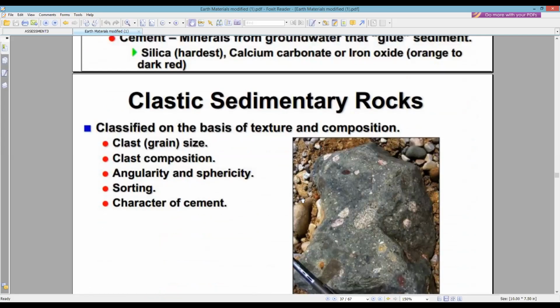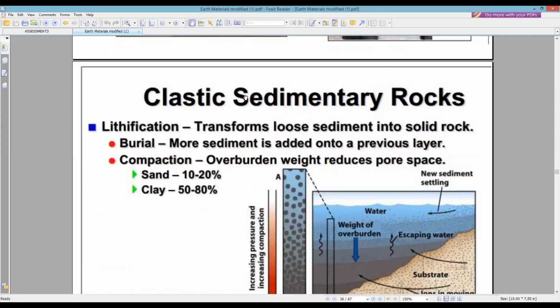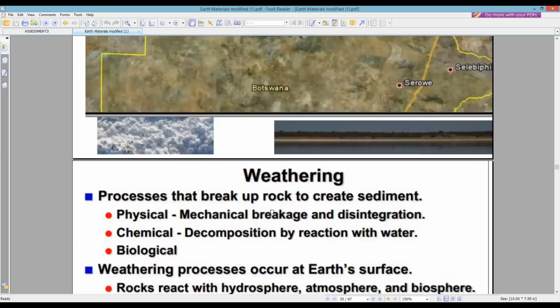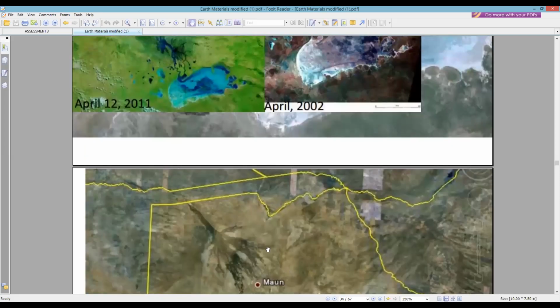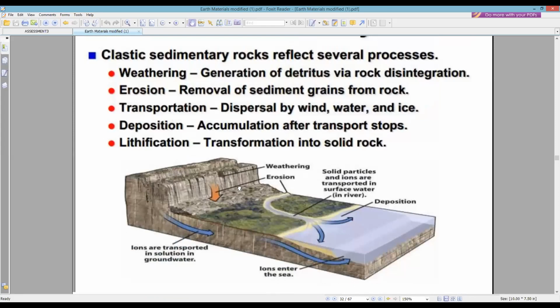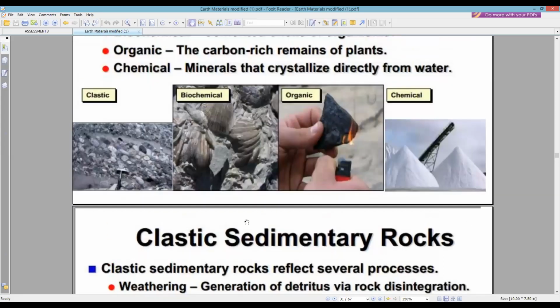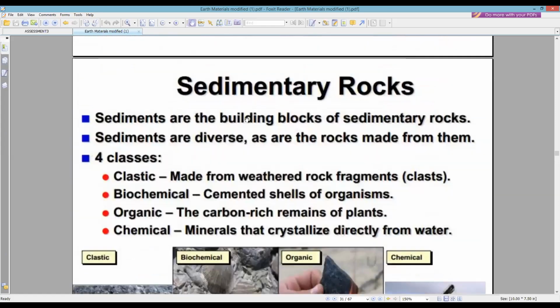Today I want us to look at what we call clastic sedimentary rocks. If you can remember, when we started with these discussions, we said clastic sedimentary rocks are those made from weathered rock fragments.